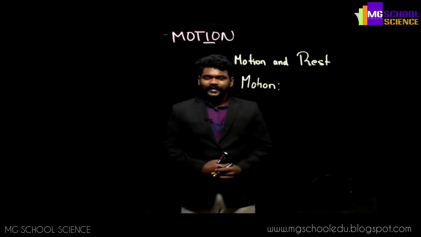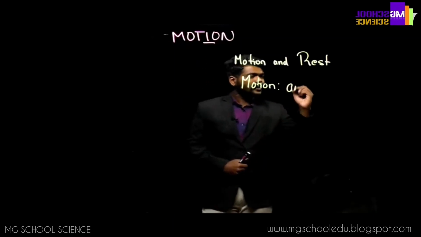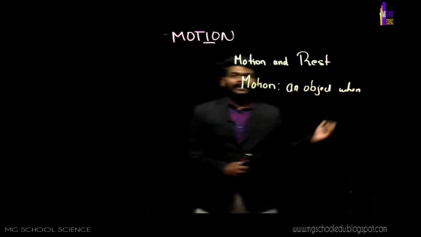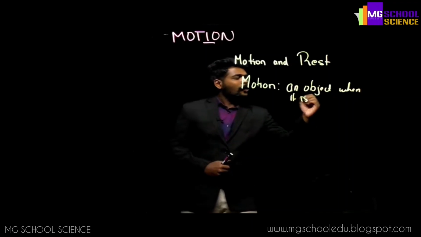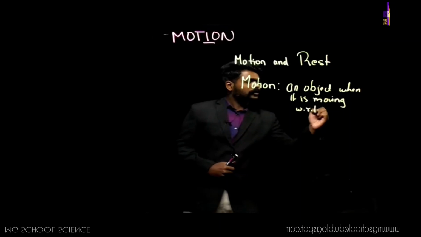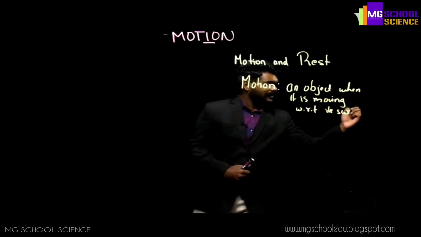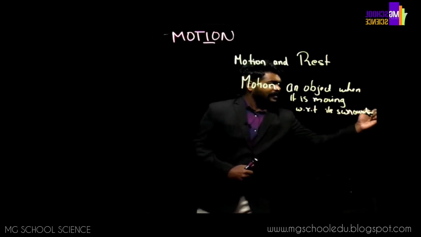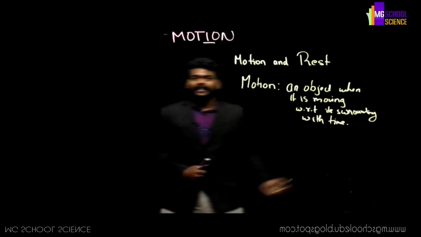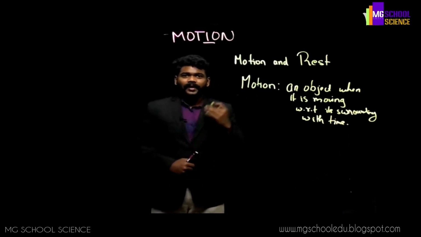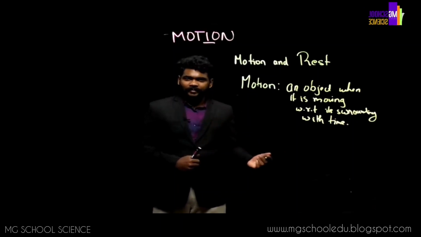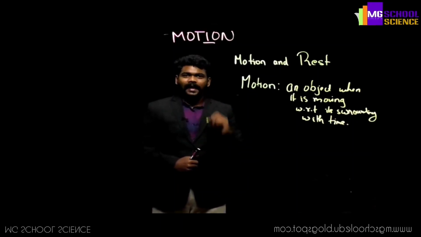We would define motion as a state of an object when it is moving with respect to its surrounding with time. That is, whenever an object moves with respect to its surrounding with time, then it is called motion.